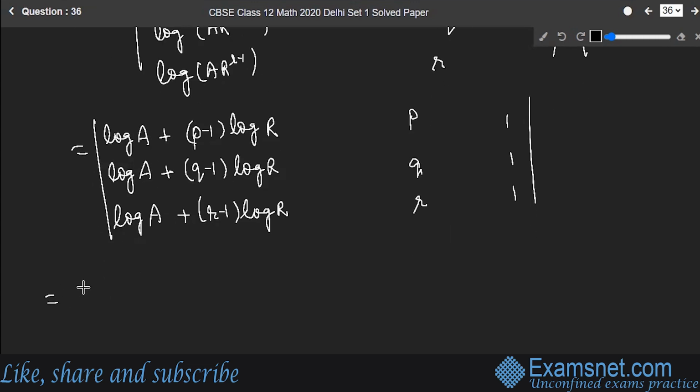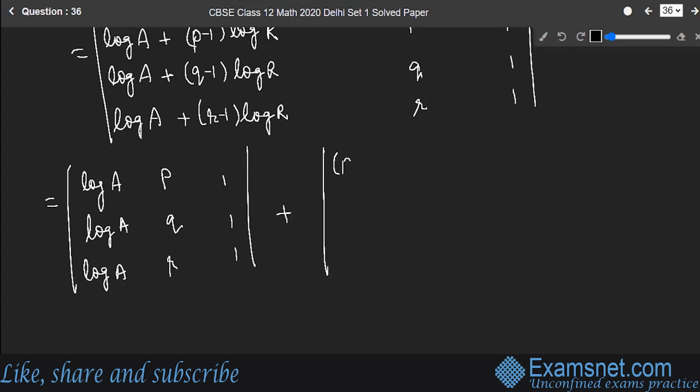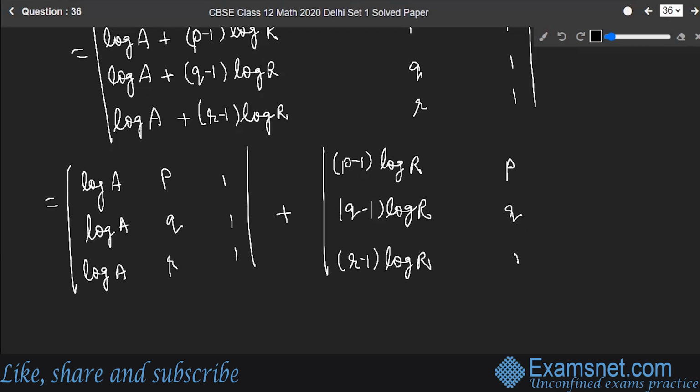So this will be log a, log a, log a, p, q, r, 1, 1, 1 plus (p minus 1) log r, (q minus 1) log r, (r minus 1) log r, p, q, r, 1, 1, 1.